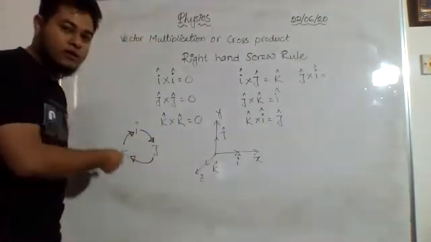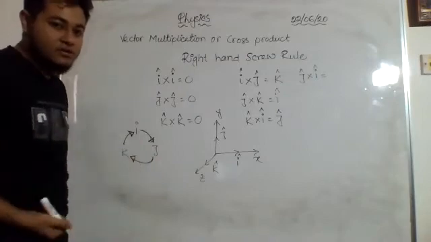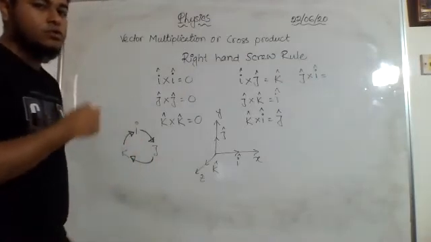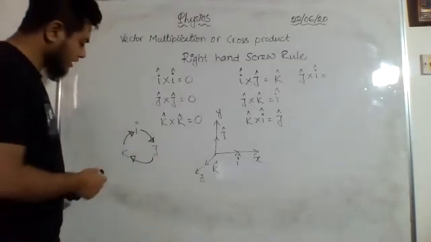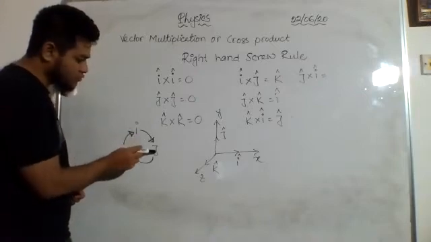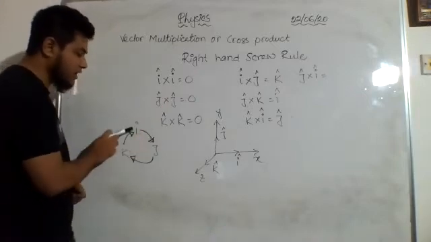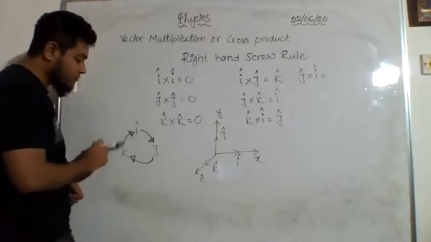So till now we have rotated along the direction given, right? Now, what if we go in the opposite direction? Let us say i cross j, we know this, but j cross i, what will happen? It will be minus k.